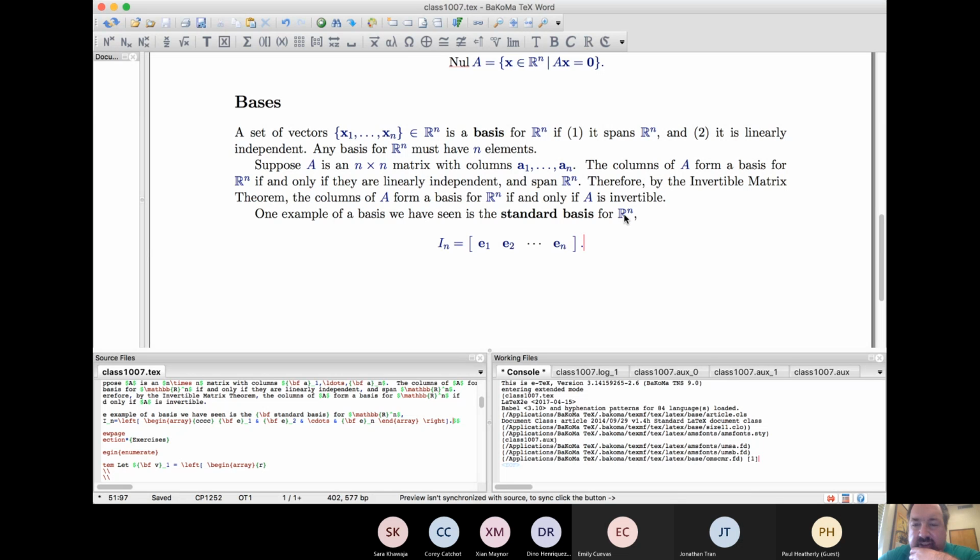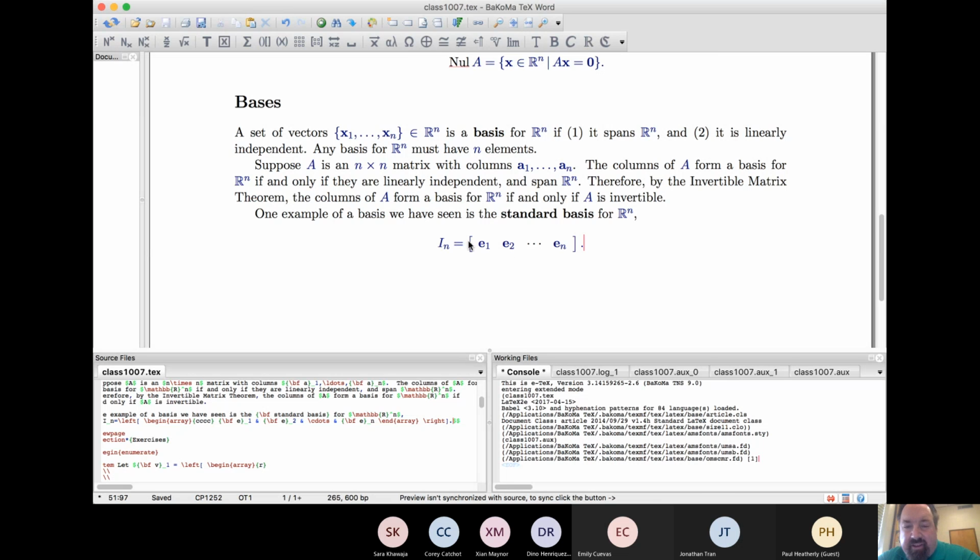If I have a vector in Rn with components x1, x2, and so on, then I could take x1 e1 plus x2 e2 and so forth down to xn en, and so I've described my vector x as a linear combination of these. So it definitely spans the space. Also, there's no way to linearly combine these vectors to get the zero vector, except in the trivial way by using coefficients of 0.